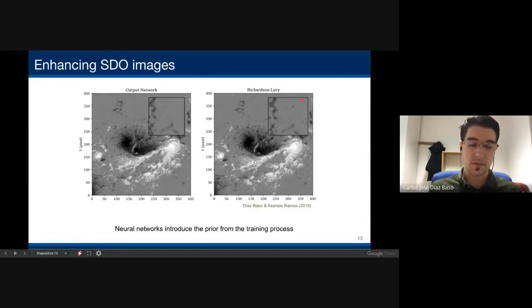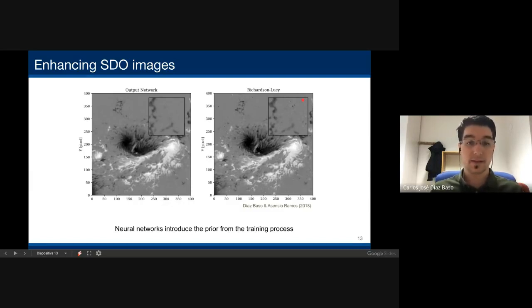So in principle, we need to damp these very high frequency signals, introducing our knowledge about this, our prior about what we expect to have after the deconvolution.